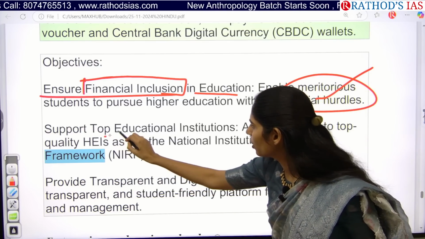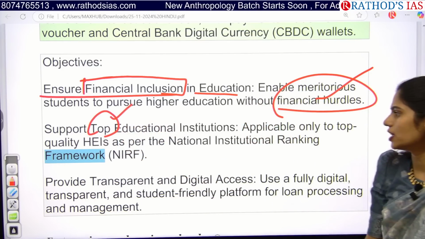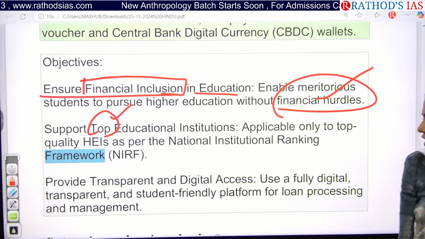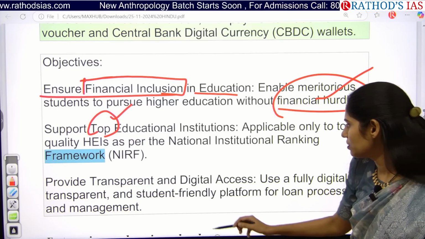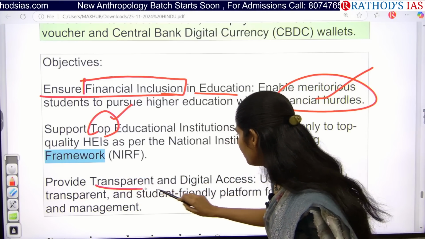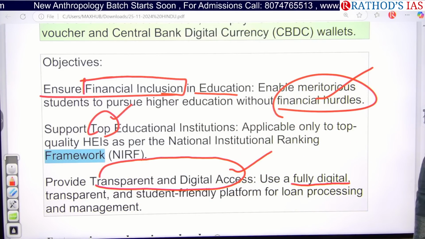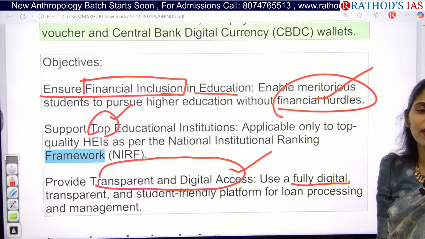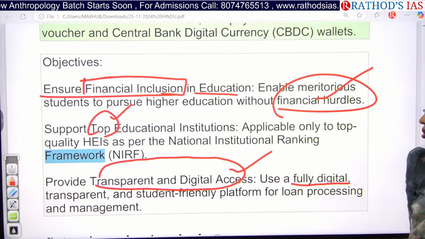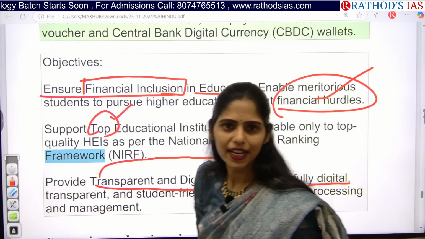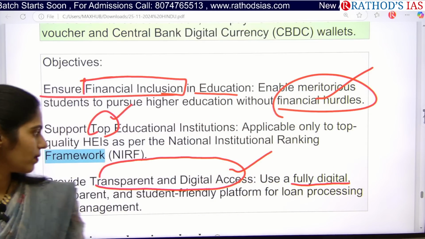Next, we are going to support only top educational institutions, because we want to maintain the quality of education. And next, we want to focus on transparent and digital access. We will fully use digital means for enrollment and everything, so that we can ensure transparency. And whenever we use any portals or websites, they will be student friendly.